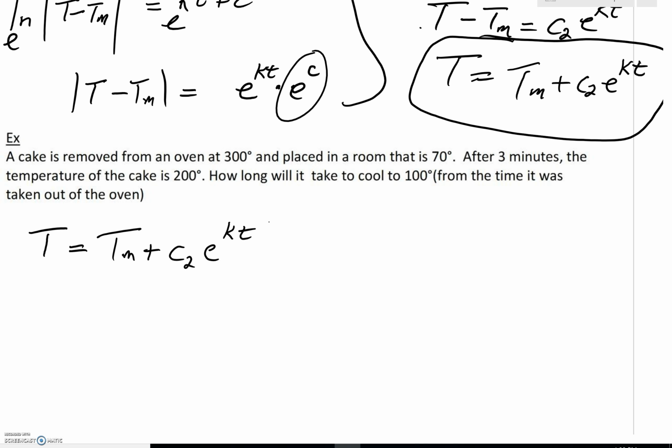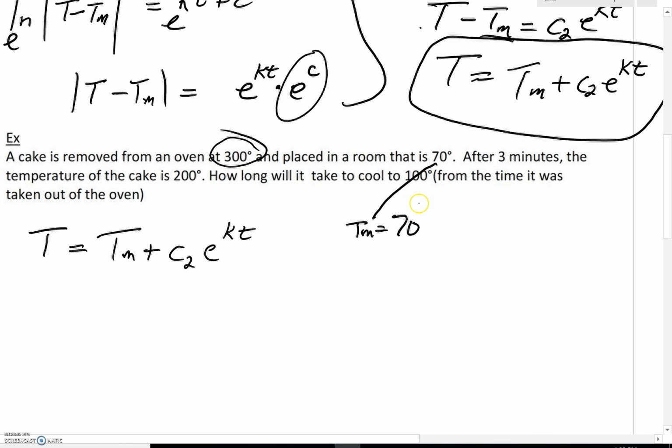A cake is removed from an oven at 300 degrees. And obviously, that would be implying that we're in Fahrenheit. And it's placed in a room that is 70 degrees. I hope it's pretty clear to you that T sub m would be 70.